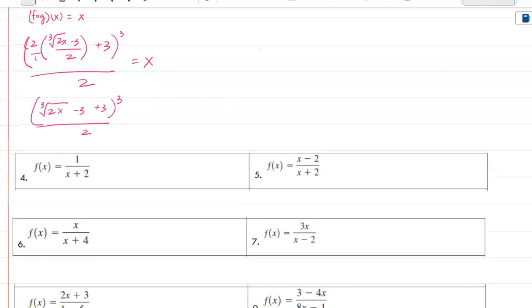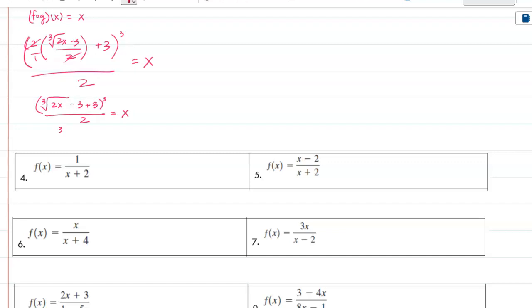Okay, and then, well, that looks just really ugly. That gets canceled out. So we have the cube root 2x minus 3 plus 3 over 2 equals x.